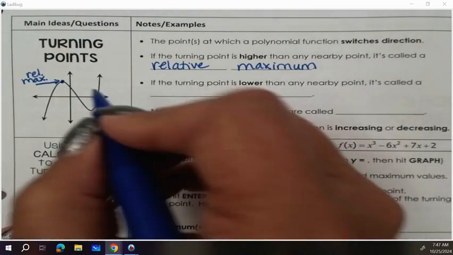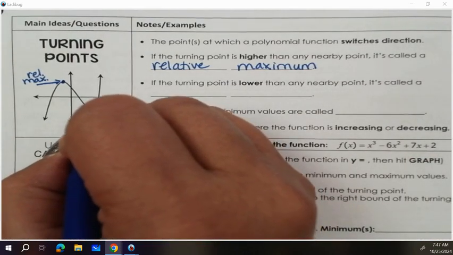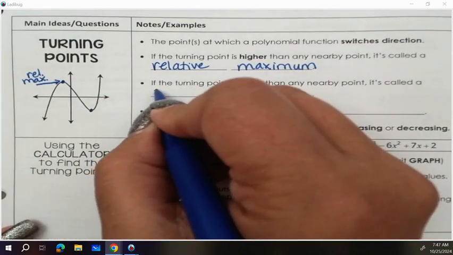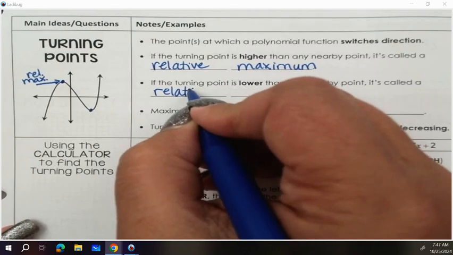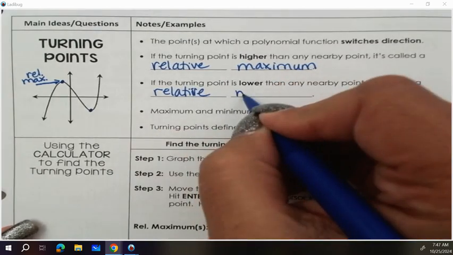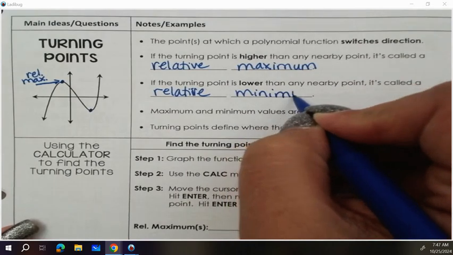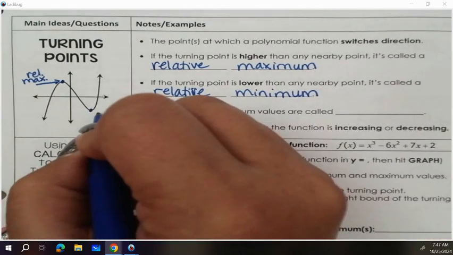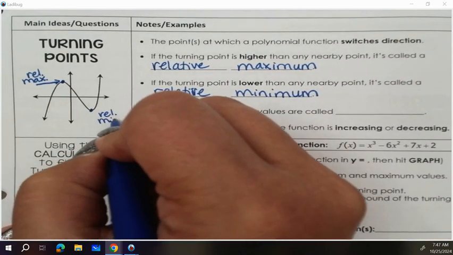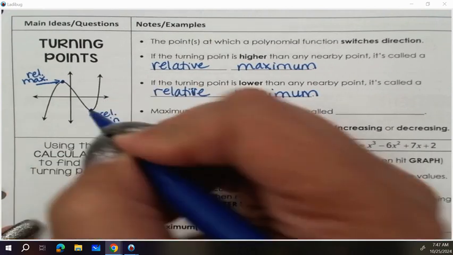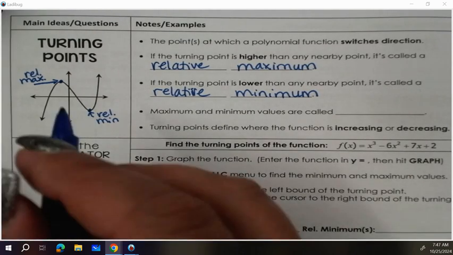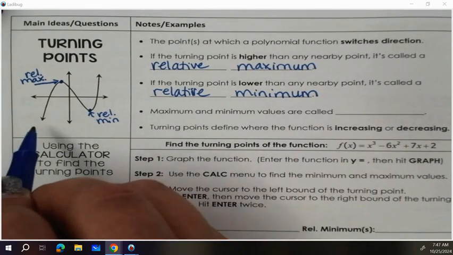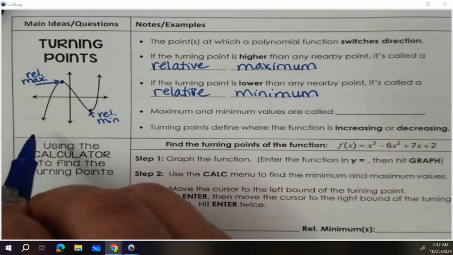This guy down here, we're going to call the relative minimum because it's the lowest point in that area. This is a relative minimum. And by the way, our absolute minimum is negative infinity because this side's pointing down to negative infinity.